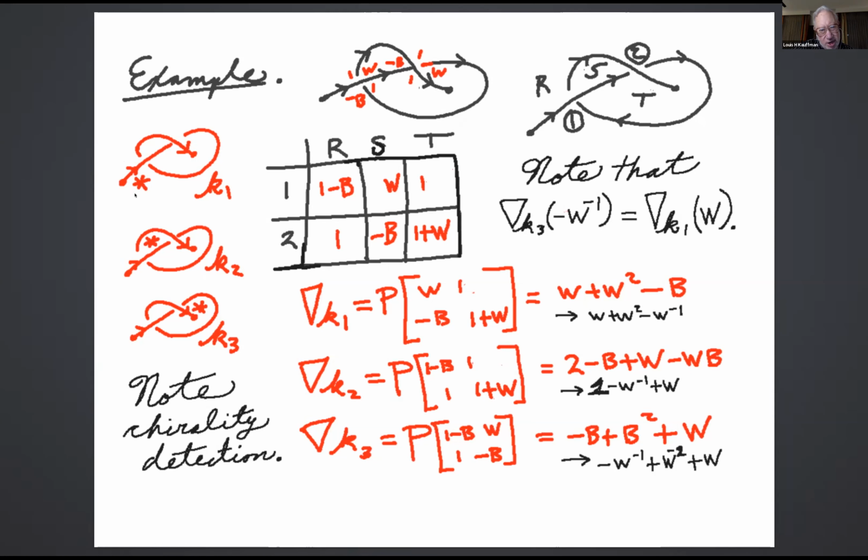And that's our conjecture, which we haven't yet proved, that in this form, the conjecture looks like this, that nabla K3 at minus W inverse is nabla K at W. Minus W inverse, the substitution minus W inverse is exactly what happens when you reverse the orientation of the diagram.